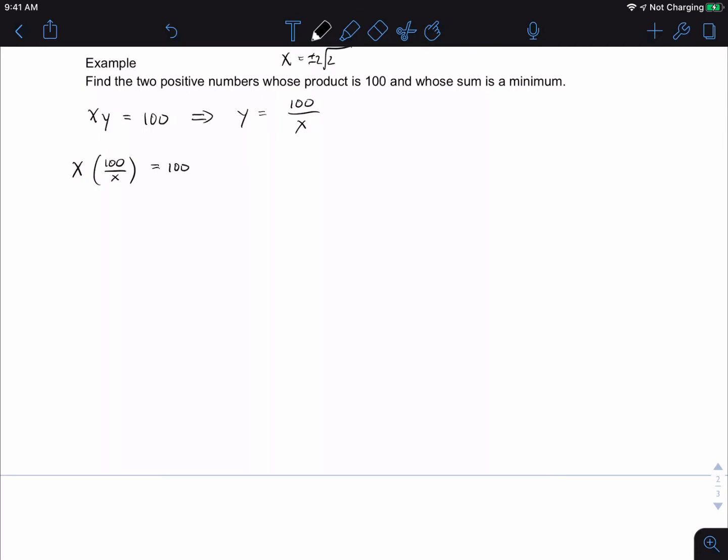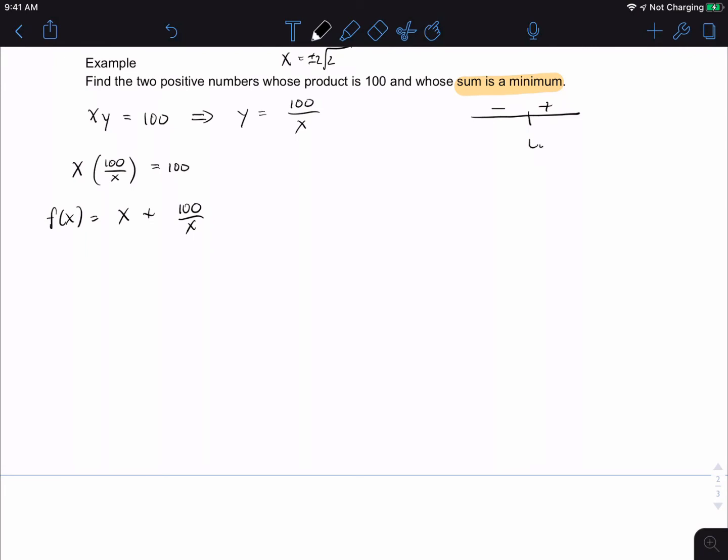So we know that our multiplication of x and y is still 100. Okay, now the problem says to us though, we want a sum that is a minimum. So if we're doing a sum, that's an addition. So I'm going to go f of x is equal to x plus y, but my y we're going to substitute as 100 over x. And we're trying to make this thing a minimum. So if we're trying to make it a minimum, whatever the critical number, it has to go from negative to positive, correct?